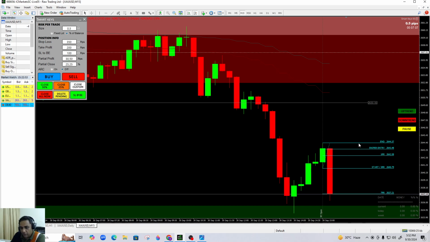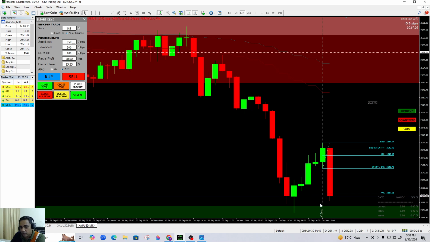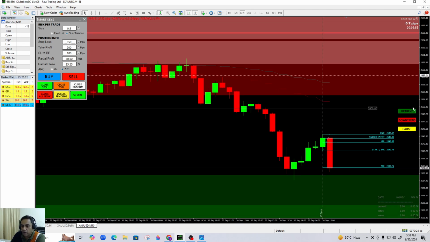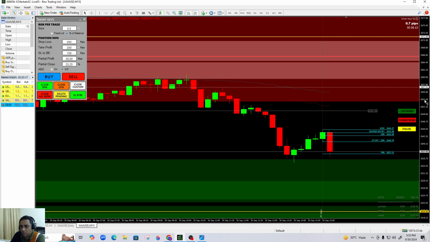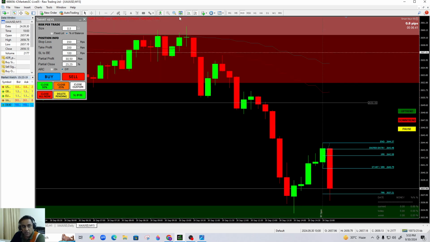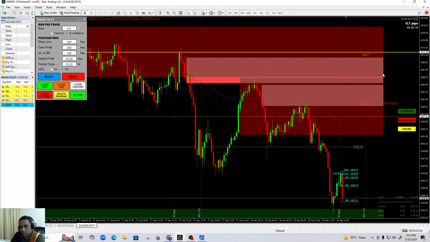If I start doing this and chasing price, then I'm going against my trade plan. And my trade plan is to wait at these high liquidity zones. This is not a high liquidity zone. At least in my definition, this is not an HLZ. My definition of an HLZ is what you have seen me do time and time again, right? These are high liquidity zones.